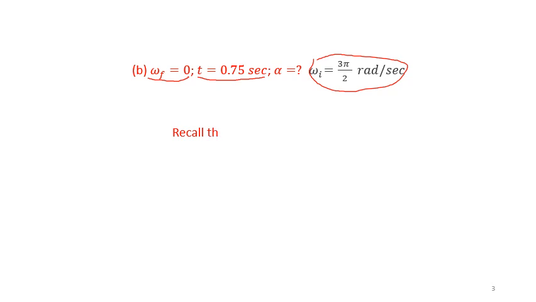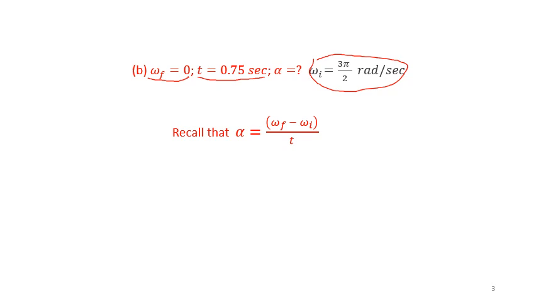Recall one of the equations of motion: alpha, the angular acceleration, is the rate of change of the angular velocity. That is, subtracting the initial angular velocity from the final angular velocity, divided by time. Omega subscript f minus omega subscript i over t.